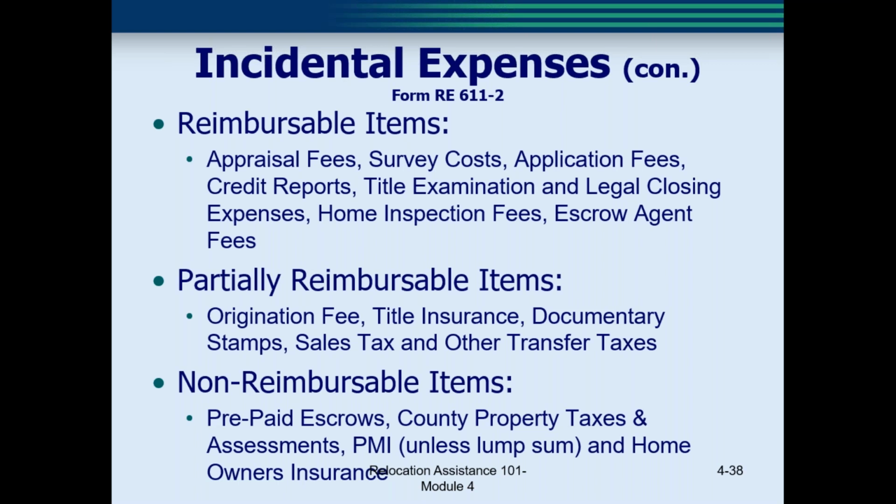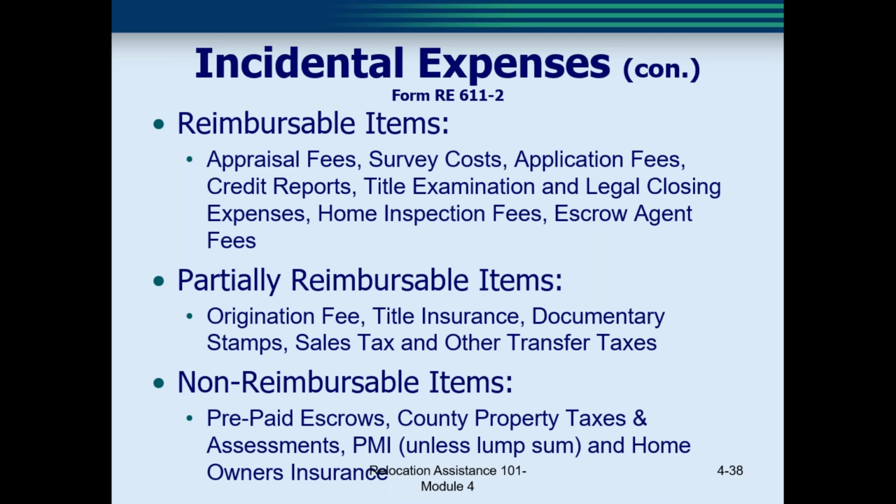Some of these expenses are completely reimbursable, and others are only partially reimbursable. Items such as appraisal fees, survey fees, application fees, credit reports, and escrow agent charges are usually fully reimbursed if the agency determines they are reasonable and necessary. Some incidental expenses may only be partially reimbursable.